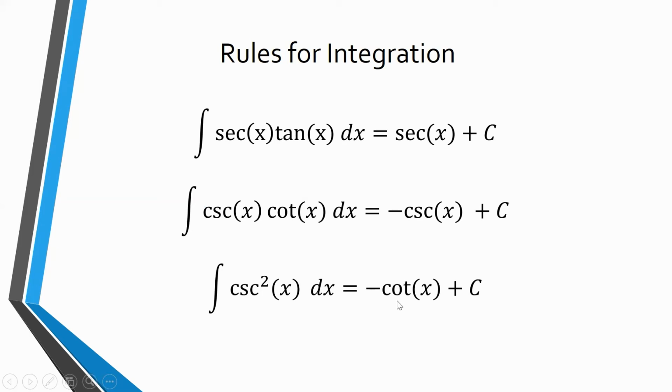Derivative of cotangent is negative cosecant squared. So if I want to integrate cosecant squared, I'm going to get negative cotangent of x plus an arbitrary constant of c. These are the big rules for integration.